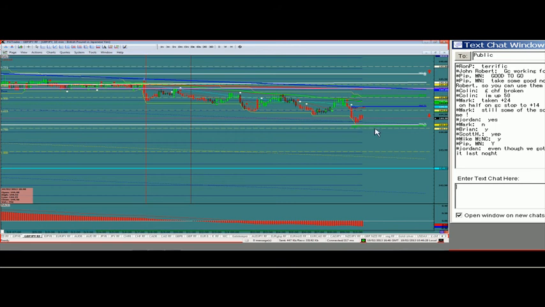All right, so we're looking for it to continue on down. Our real trade is obviously right here. So we're in a trade to get in position for this spot.